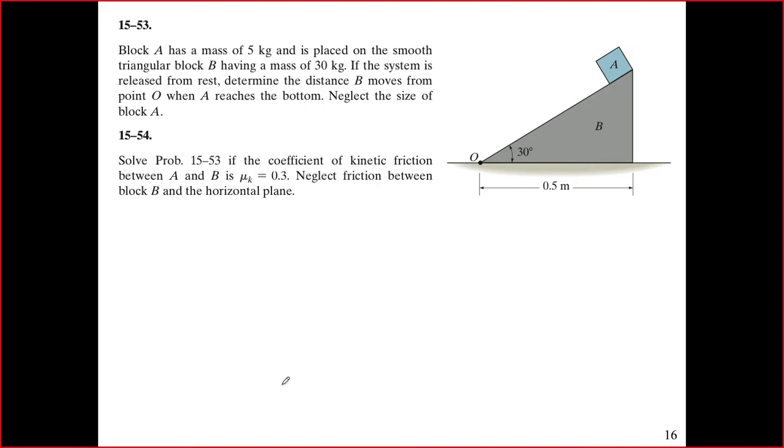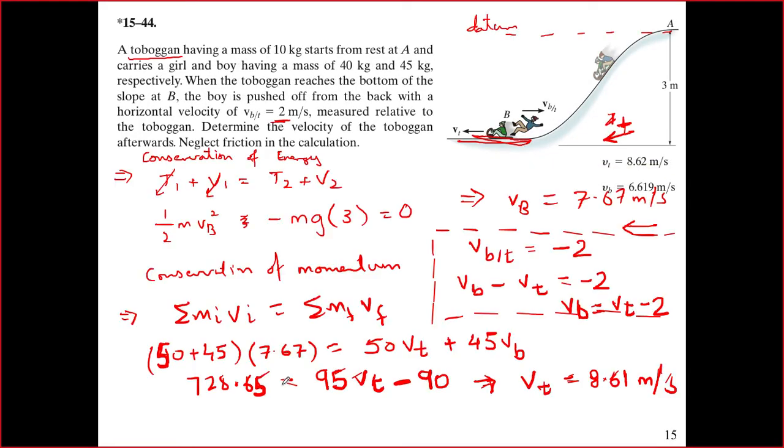Ma'am, the VB minus VT equal to -2 that you wrote earlier, can you explain that, the one written in the block? Okay, basically what had been given in the question was the relative velocity of the boy with respect to the toboggan, and what had been shown from the diagram was that this relative velocity was to the right.